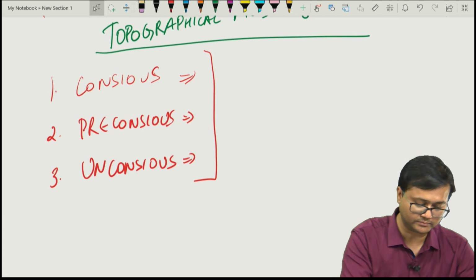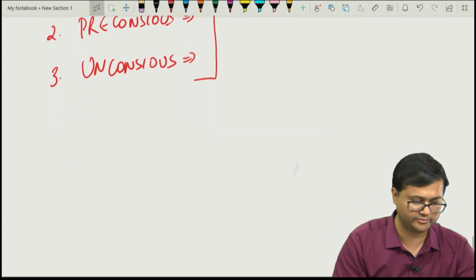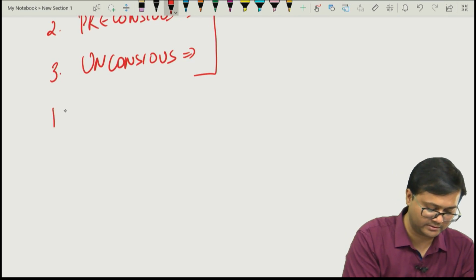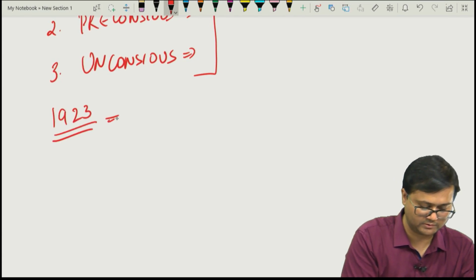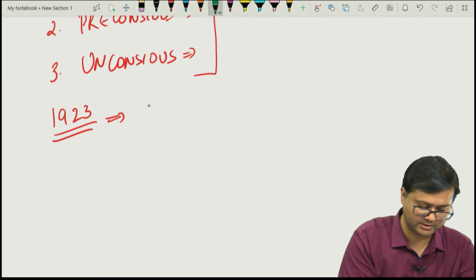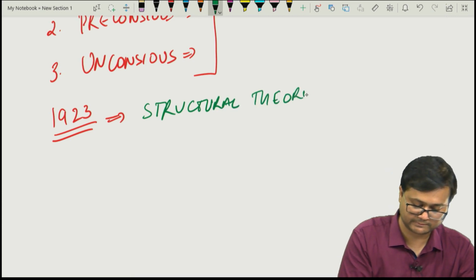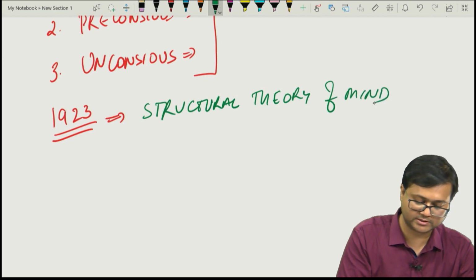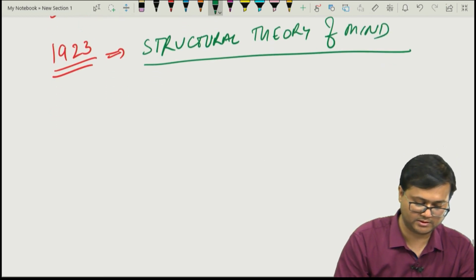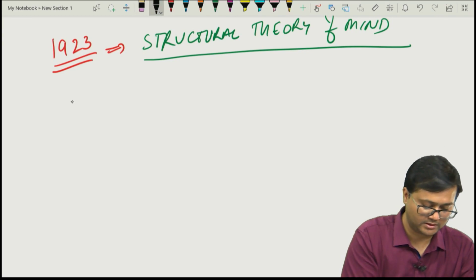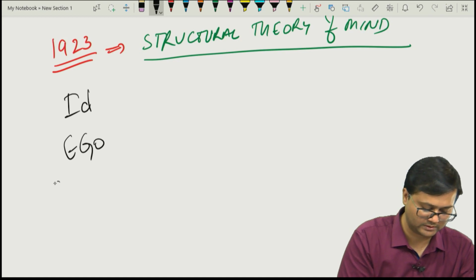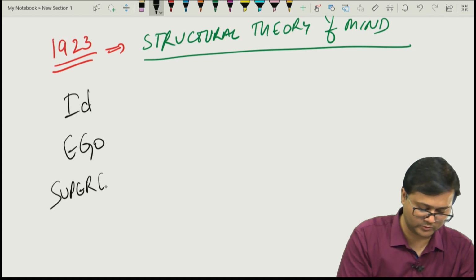Then another important theory which Sigmund Freud gave in 1923 was the structural theory of mind. As we had just discussed, here he divided the mind into id, ego and the superego.